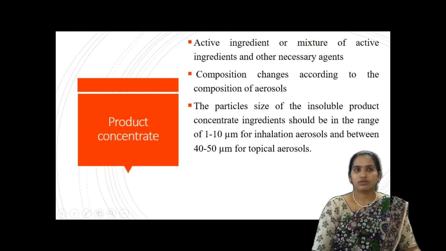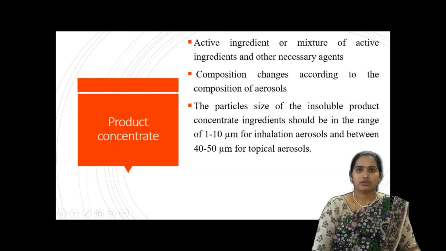The composition of the product concentrate changes according to the type of aerosol, whether it is a suspension, emulsion or solution. Based on that, the composition and other necessary excipients are changed.